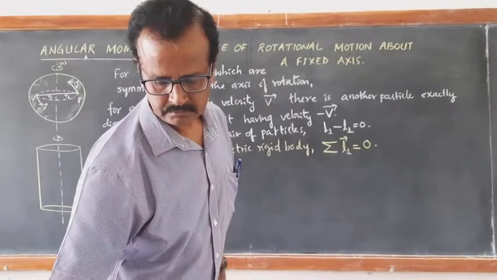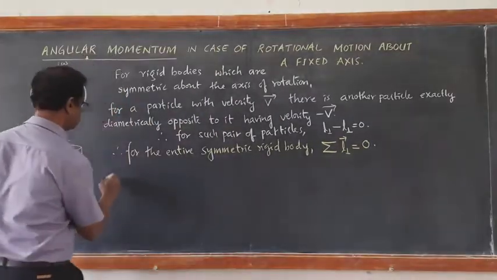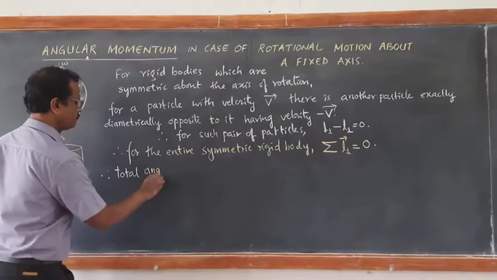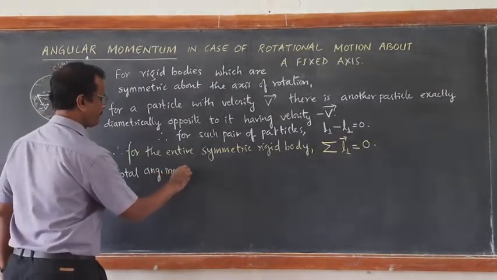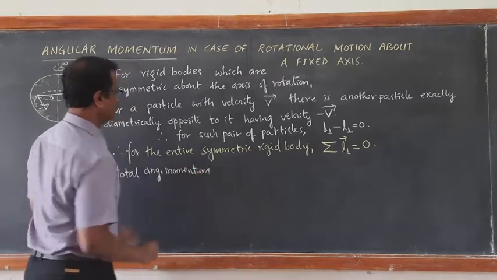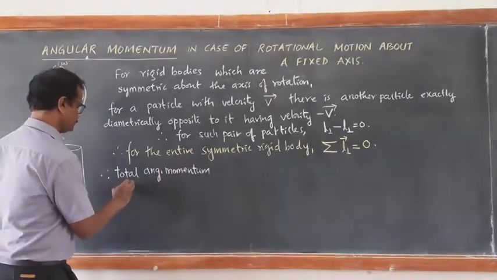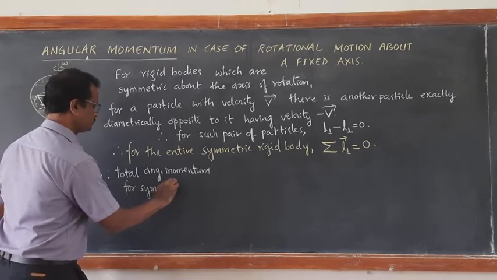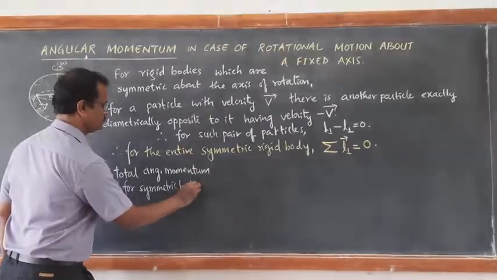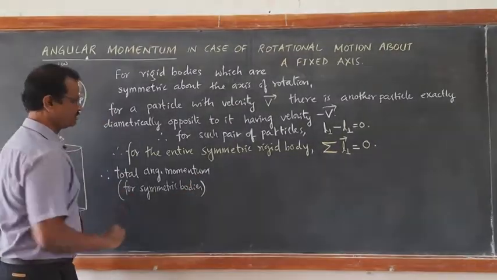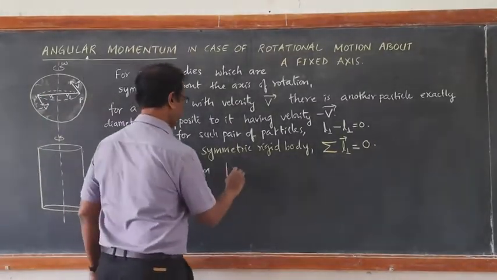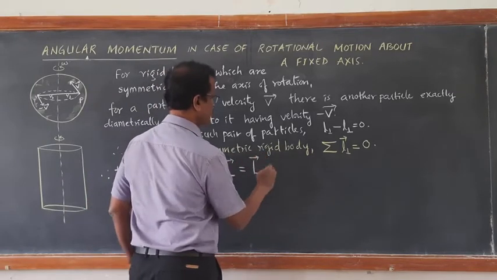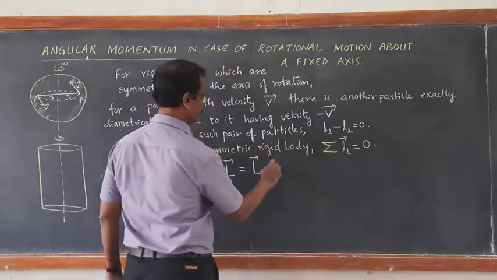Therefore, the total angular momentum of such symmetric bodies about the axis of rotation, the L vector becomes equal to Lz only, because L perpendicular becomes 0.